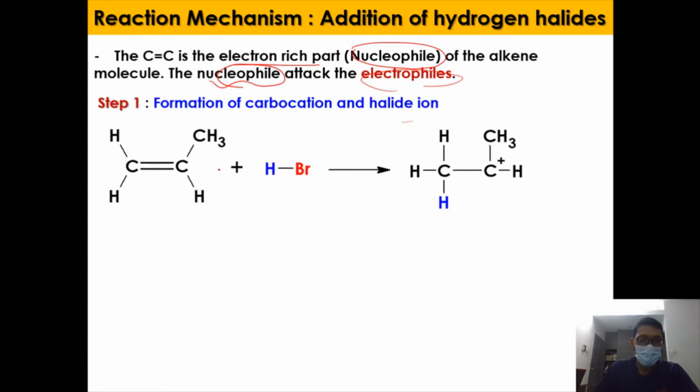So we have our alkene here, and this is our hydrogen halide. So we know that this is our nucleophile because it contains a lot of electrons.